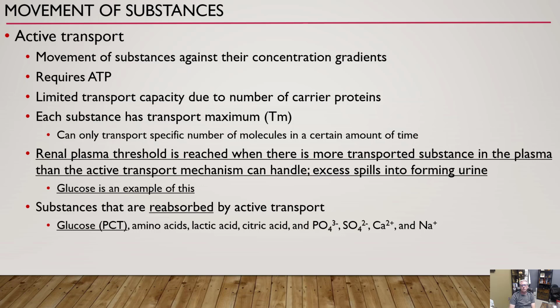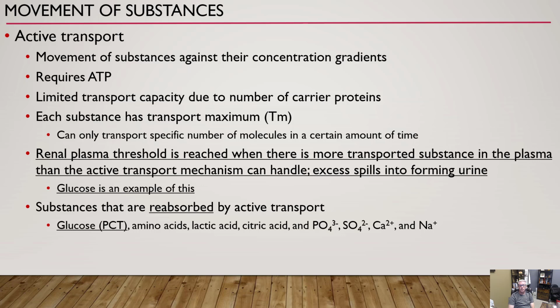We can only transport a certain number of molecules in a certain period of time, and that's called the transport maximum. I'm just making up numbers. Let's say you have 100 sodiums that you want to get across, but you can only do 5 sodiums every second. Your transport maximum would be 5, and you would still have an excess of sodium.